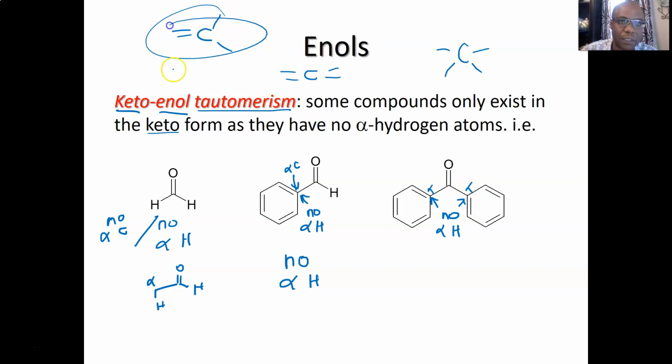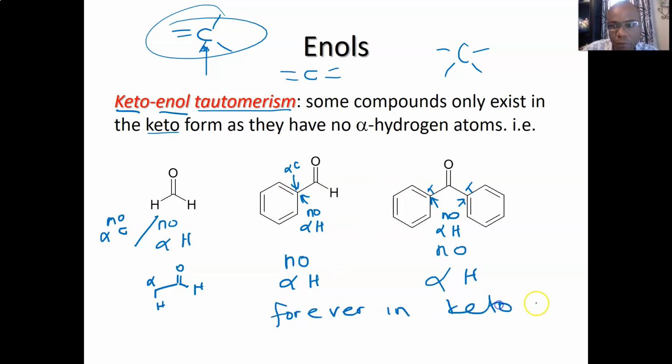So you're looking at this situation right here. So you don't expect to add hydrogens there. That will make the carbon have 5 bonds. So no alpha hydrogen. So these structures right here are forever in keto form. Okay? Never tautomerize. To tautomerize, you have to have alpha hydrogens.